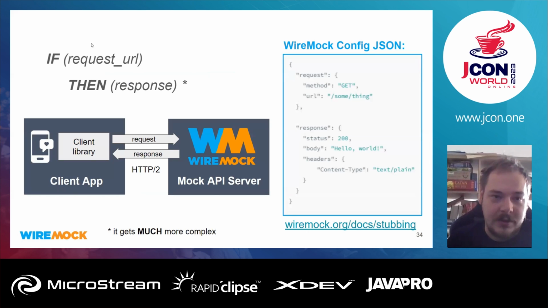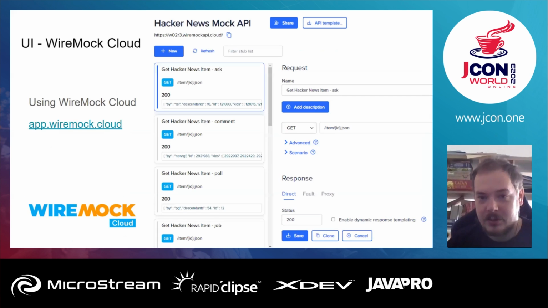You say that if I receive a particular request, then I send a response. And here's a configuration JSON that you can use. Soon you will also be able to use YAML configuration, which is quite handy. At the same time, it's just a basic feature. There is a lot more to API mocking, but this is how it normally works.